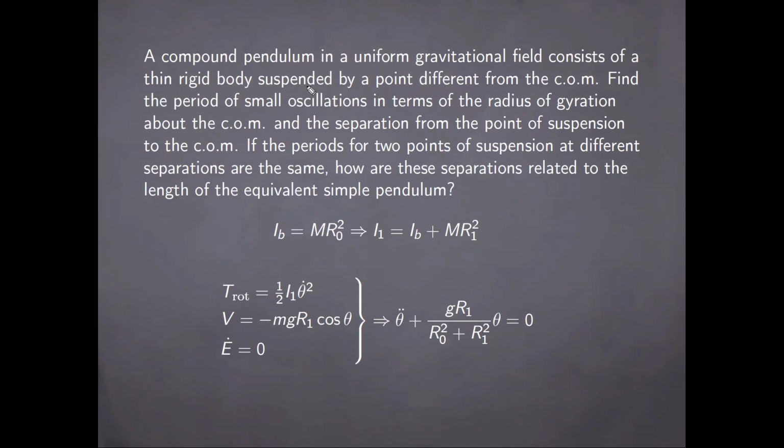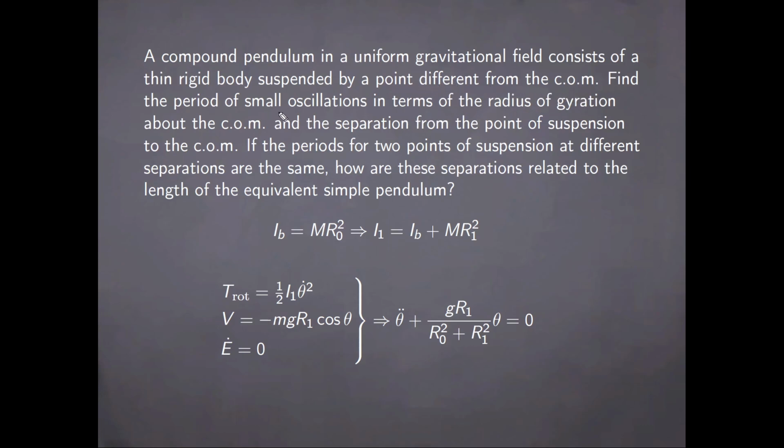We are now going to look into the problem of a compound pendulum, which is assumed to be placed in a uniform gravitational field, and it consists of a thin rigid body suspended by a point different from the center of mass. So it's oscillating about the point of suspension.